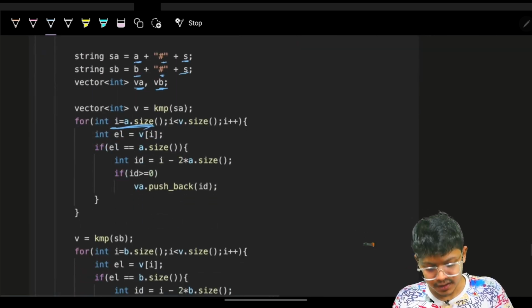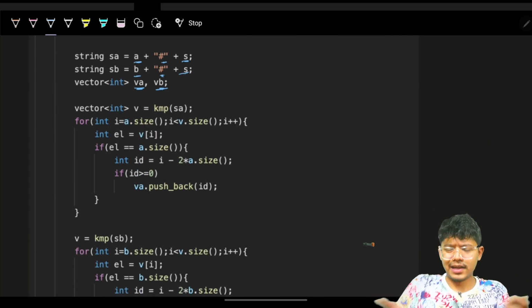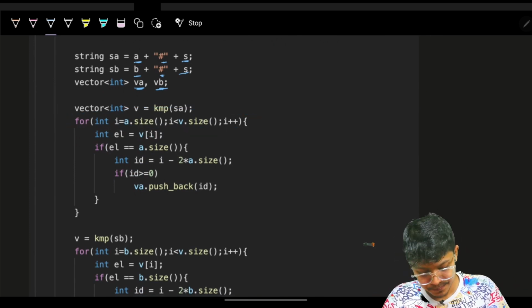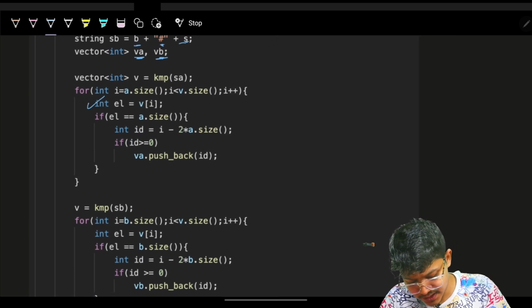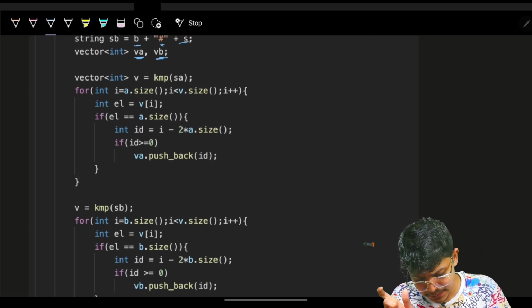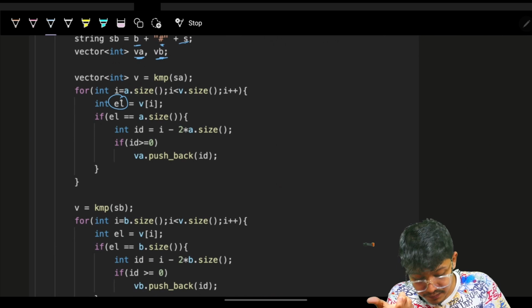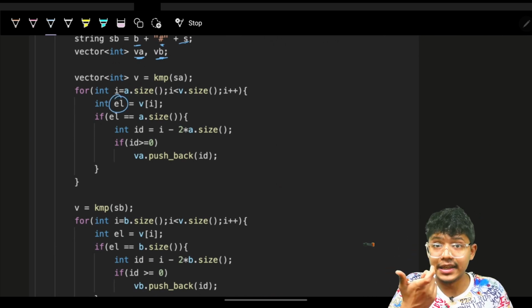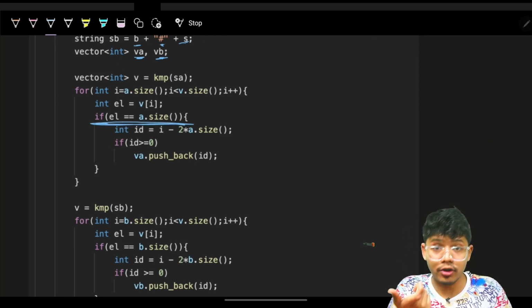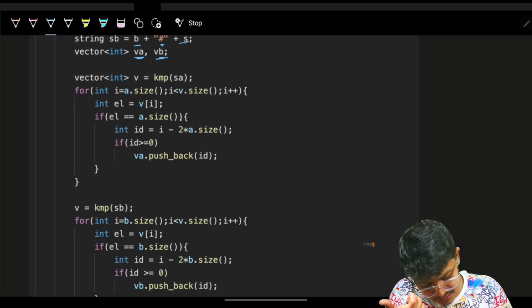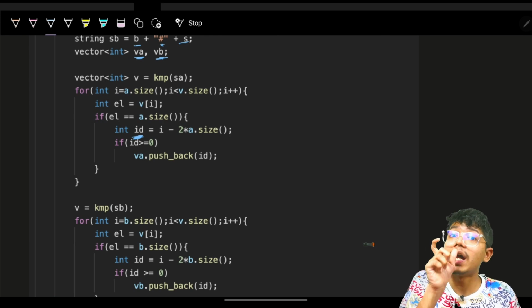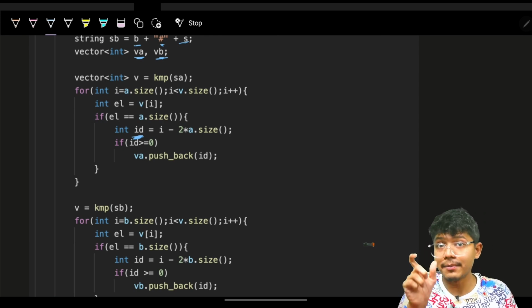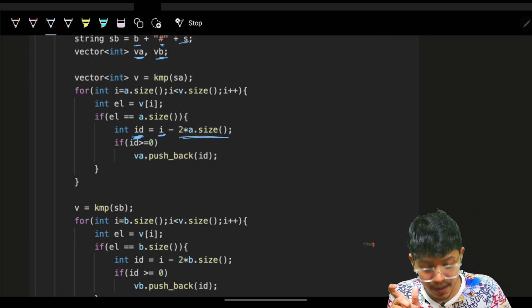Cool. But to keep it simple I just start from a dot size, and then ultimately I just check that specific element, and this element will actually give me the LPS length. If this is equal to a dot size, which is the pattern size, then simply find the actual index in my string S, which is I minus 2 into pattern dot size.